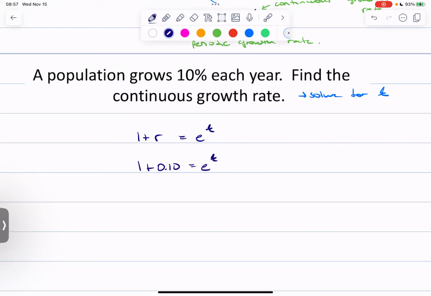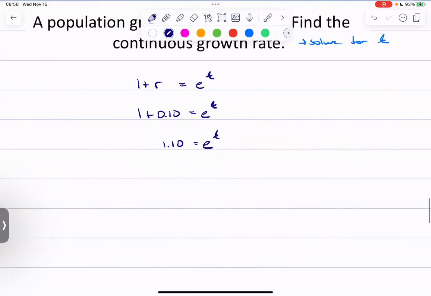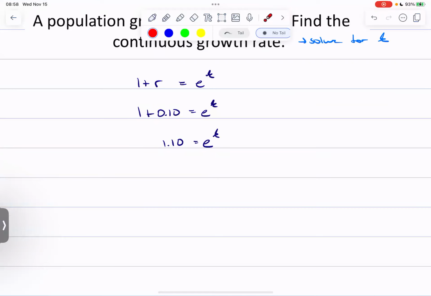So I get 1.10 is e to the power of k. To get that k downstairs, first thing I have to do is isolate the exponent, which I've already done. It's already on its own, so that's good. Now I'm going to take the natural log of both sides: natural log of 1.10 equals natural log of e to the k.